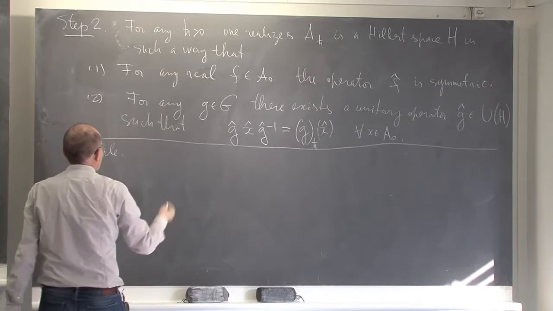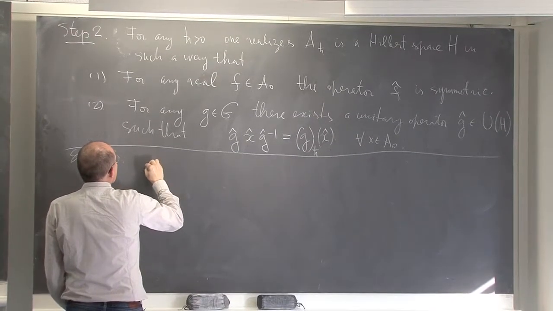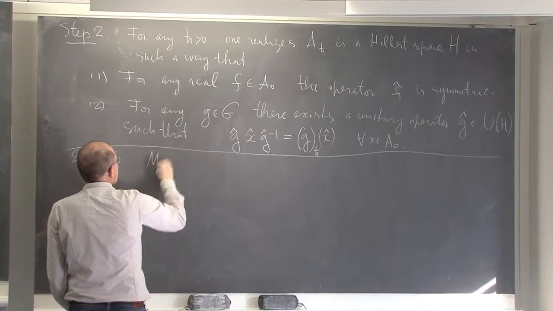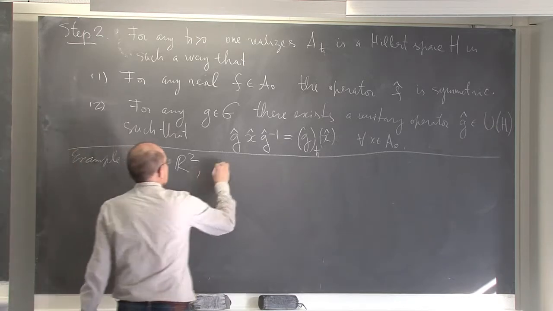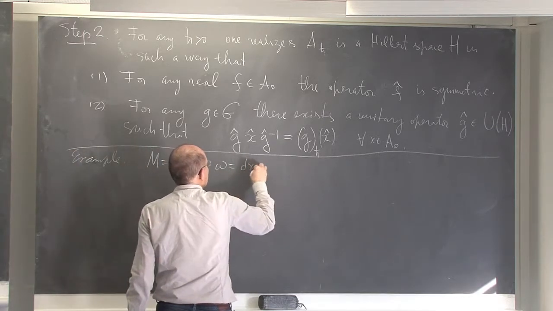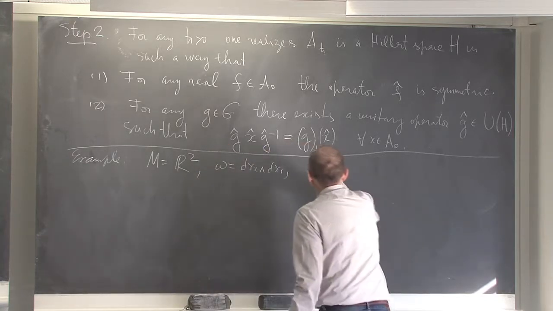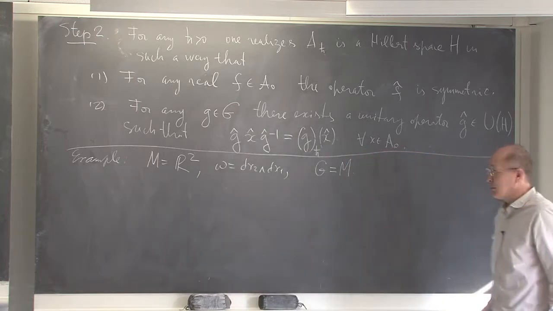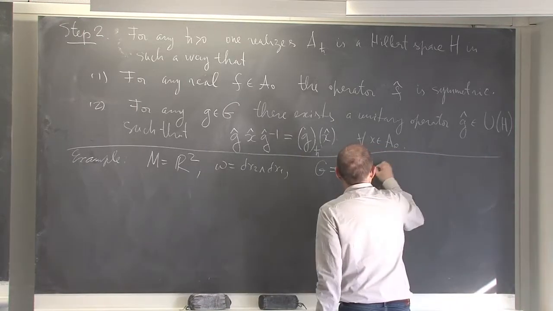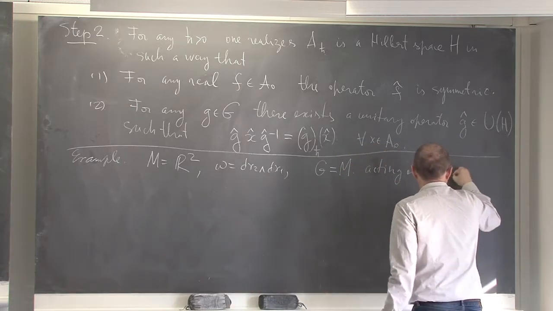Example, so we take M to be, again, the real line with canonical symplectic form. And G, we take as, again, our symplectic space acting on M by translations.